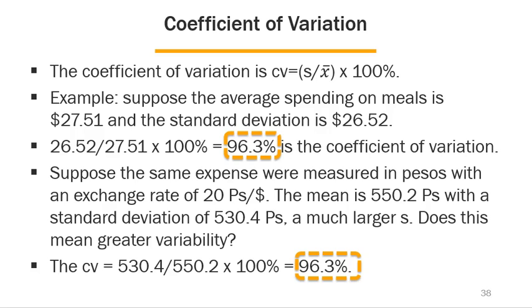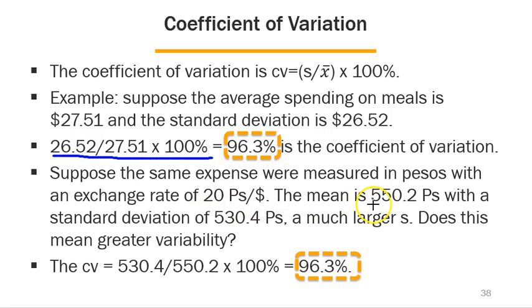We just take those values and plug them into the formula and get out 96.3% as the coefficient of variation. Now, let's contrast that. Let's suppose we were to use the same expenses, but measured in pesos.